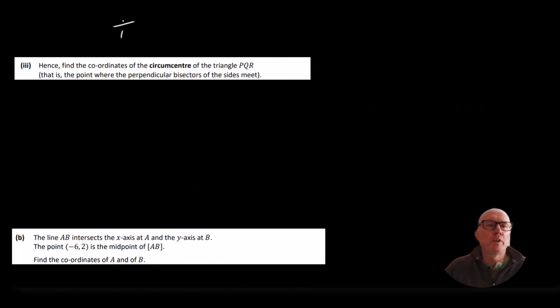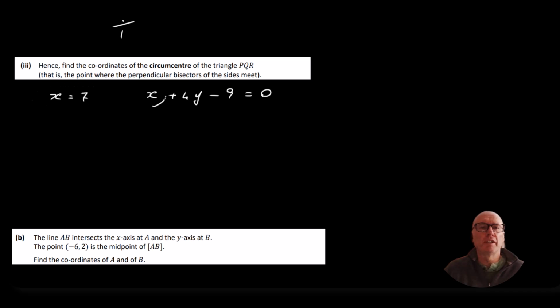So we know that the equation of our vertical line is x is equal to 7. We also know the equation of our perpendicular bisector of PQ is x plus 4y minus 9 is equal to 0. So all we've really got to do is put this in here to work out our y value. So that's going to be 7 plus 4y minus 9 is equal to 0.